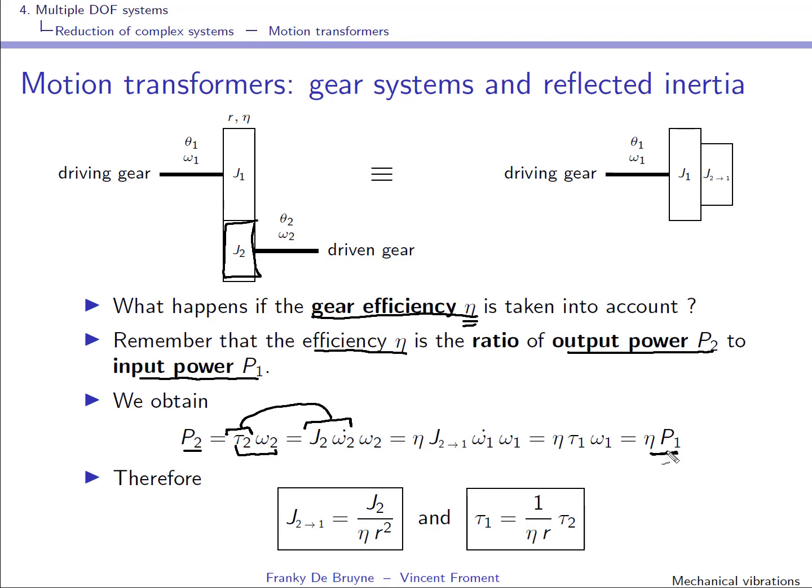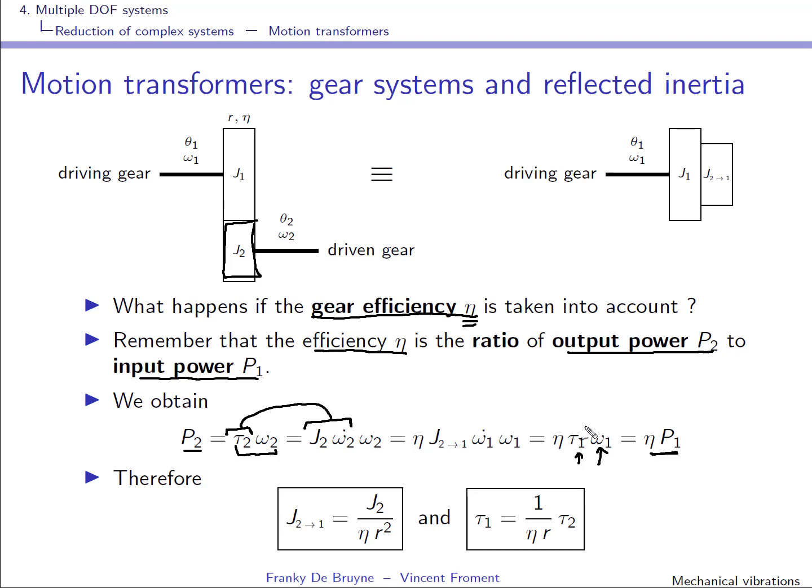So we know that this is eta times the power at the input, but we're now going to look at it as if it's power on the input, coming from this inertia at the output that is reflected back at the input. So power is torque at the input times rotational speed.